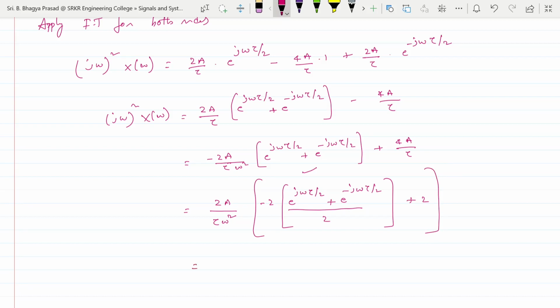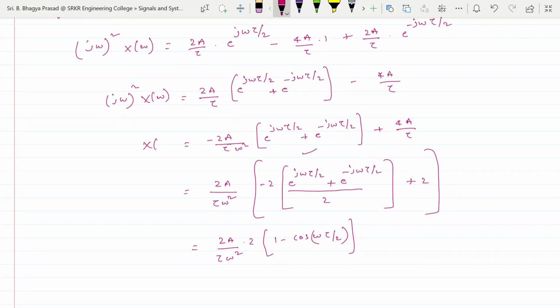This will be 2a by tau ω squared, and this will be cos(ωτ/2). So I will bring this 2 outside of the entire term and write it as 1 minus cos(ωτ/2). So this is your expression.